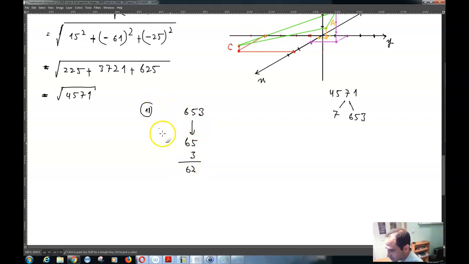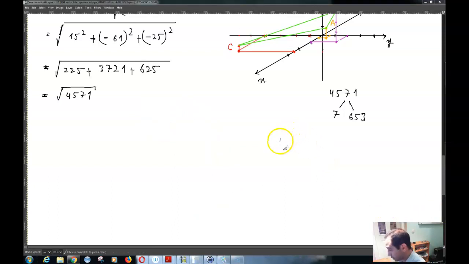And of course 62 is not divisible by 11, so this number is not divisible by 11. You can do the same thing again, meaning truncate your number, subtract this digit from this number, and you'll get 4, and of course 4 is not divisible by 11. So your number is not divisible by 11.